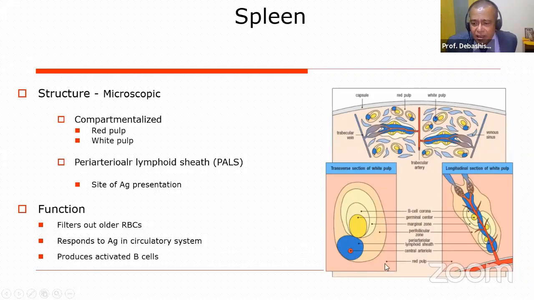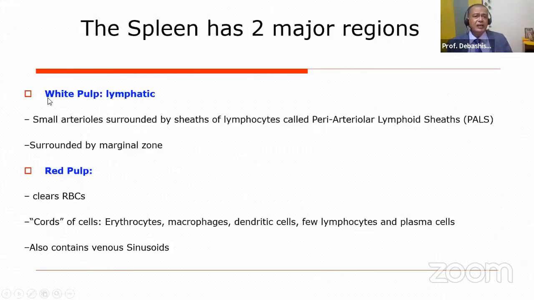We have the red pulp outside, and we have the periarterial lymphoid sheath and the central arteriole. This is very important to remember, because the spleen has two major regions. The white pulp, or the lymphatic part, has small arterioles surrounded by the PALS, as I've told you, and it is surrounded by the marginal zone.